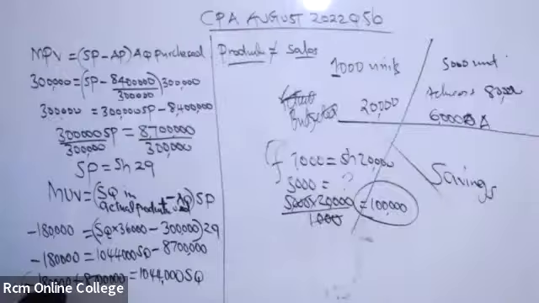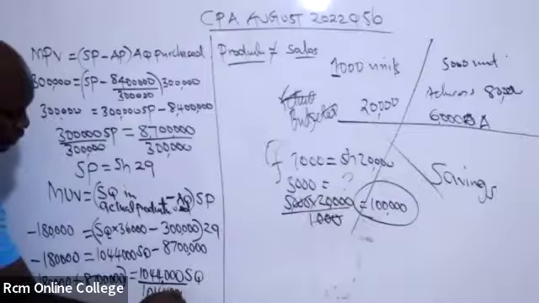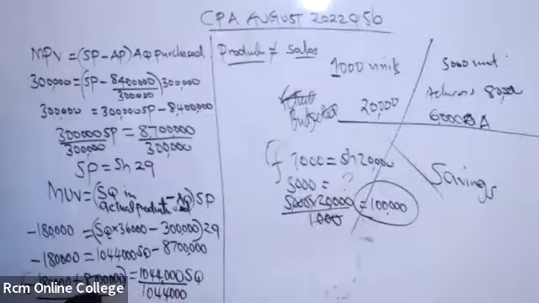So can we get the net amount here? And then we divide by 1,044,000, all of this divided by 1,044,000. So what is our standard quantity?